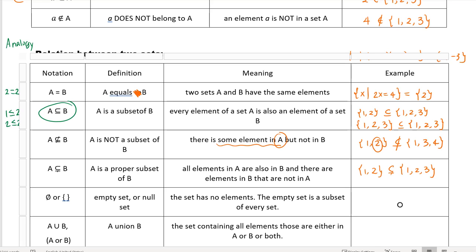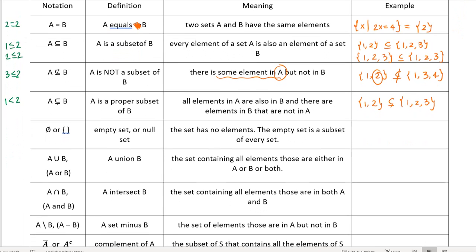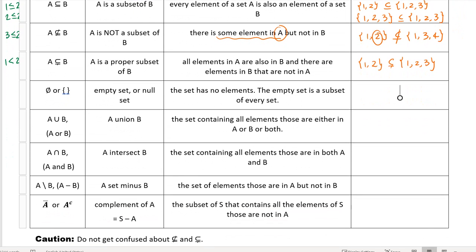That's why A and B could be equal in this case. And A is not a subset of B, so it's like 3 is not less than or equal to 2. And then here, this proper subset is like 1 is less than 2. So they're not equal, it is less than. Alright. Next.